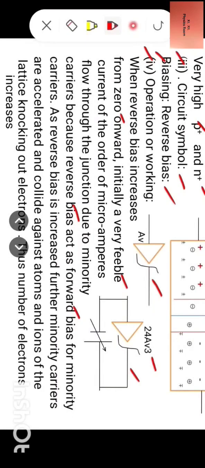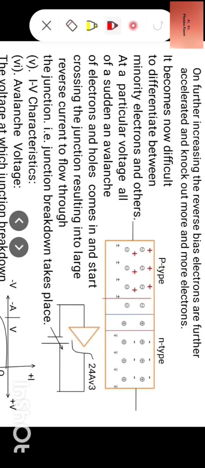As reverse bias is increased further, minority carriers are accelerated and collide against atoms and ions of the lattice, knocking out electrons. Thus, the number of electrons increases. Now here is the difference between the principle of Zener diode and avalanche diode.